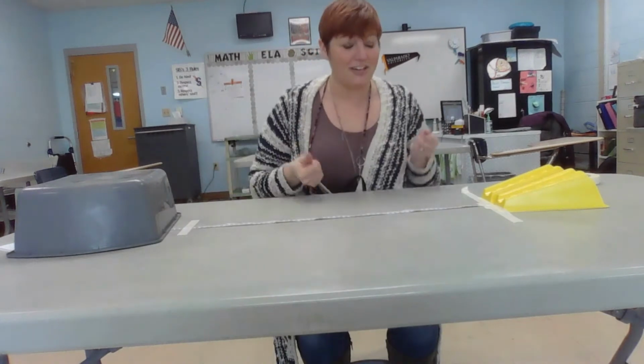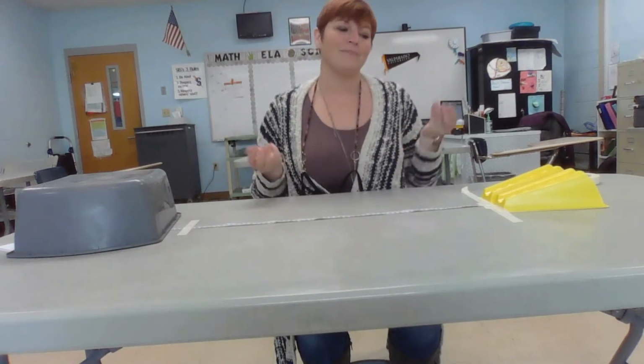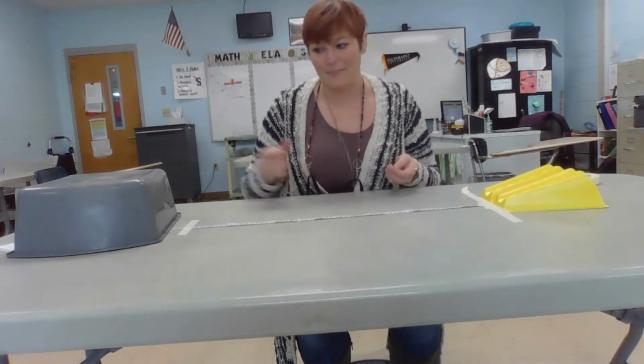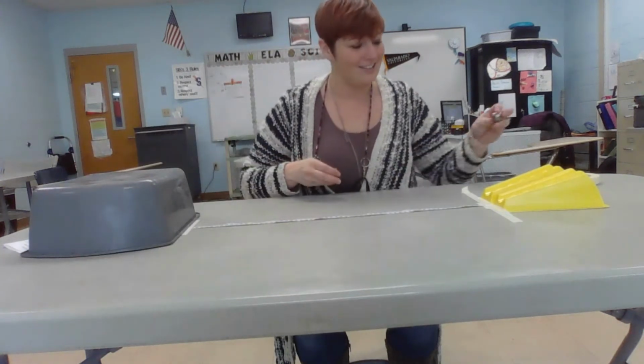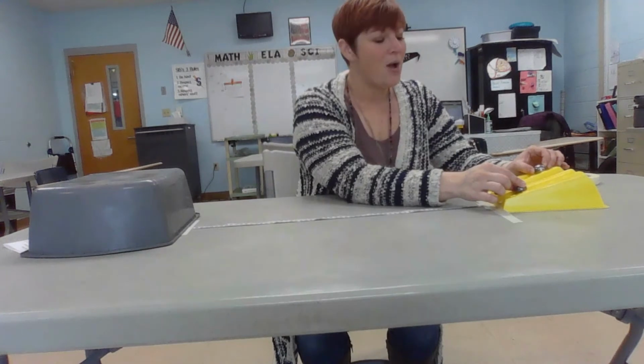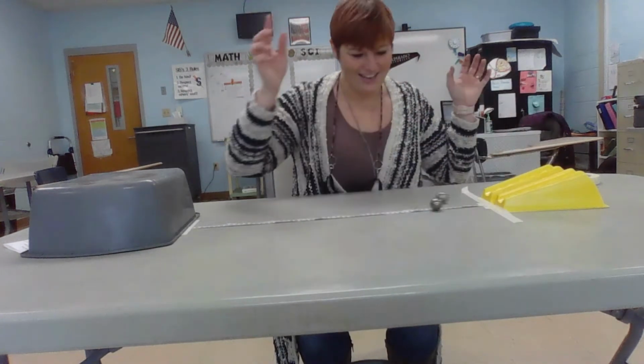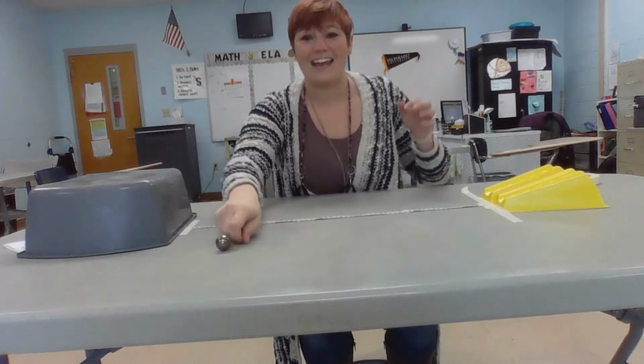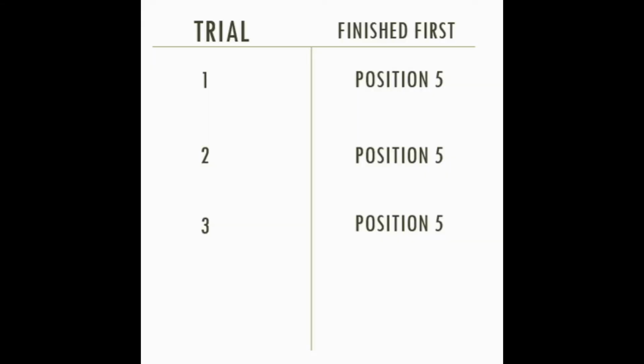The one that started at 5 finished first. Our last results should be the same, but let's make sure just in case. Same exact results. So here's what my chart looks like after I ran all my trials.